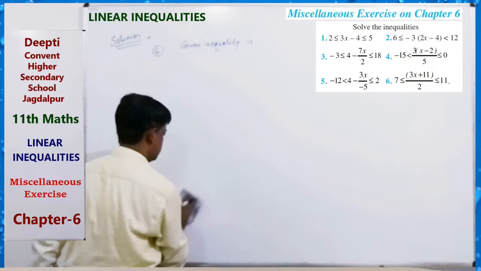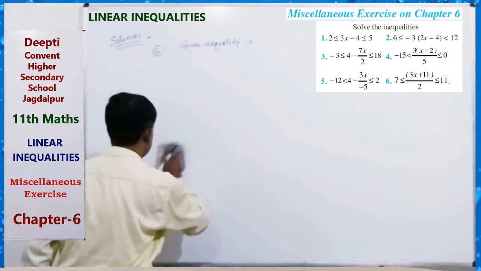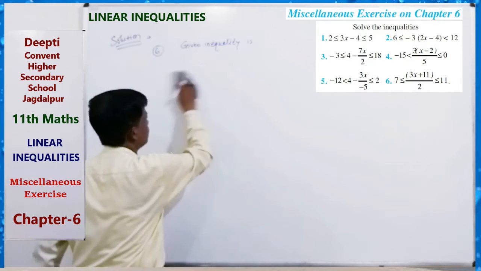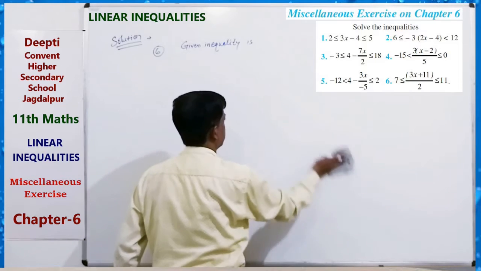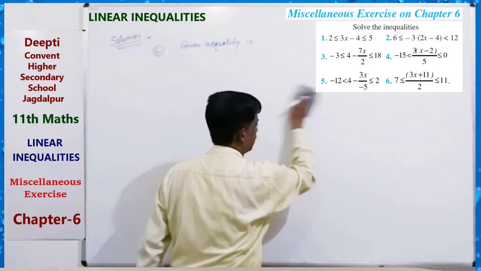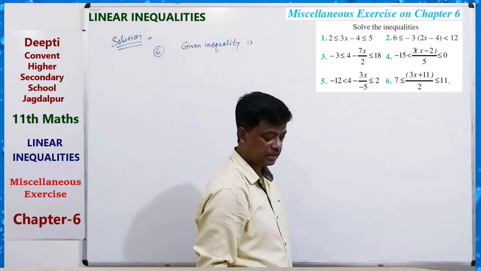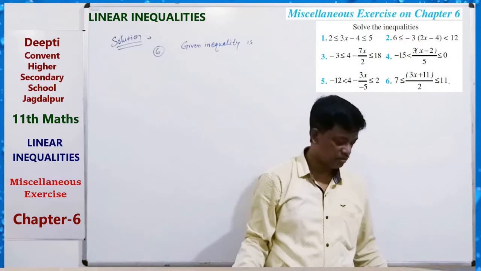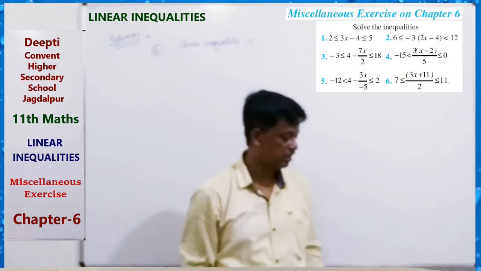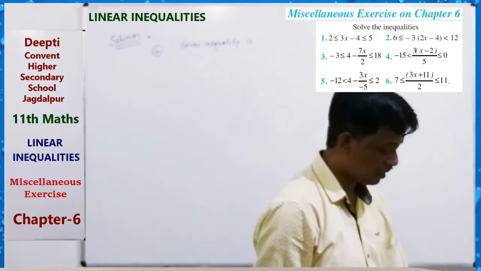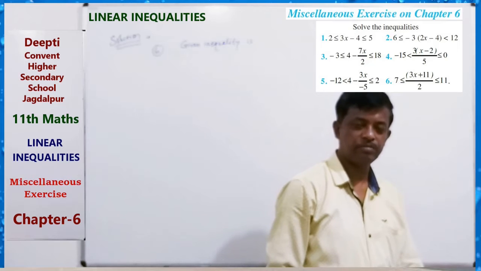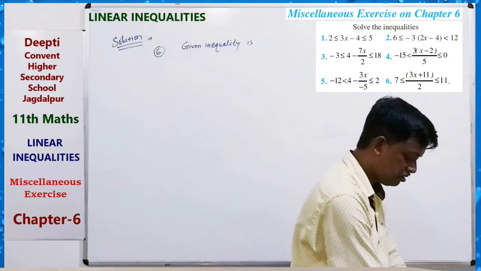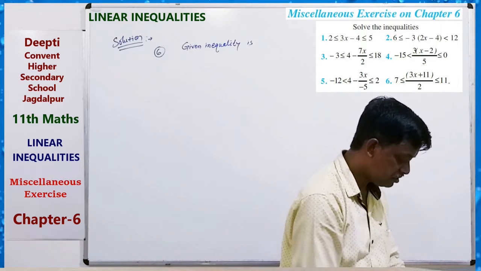Just like the similar method, we have to solve by remembering that a positive number can be added, can be subtracted, or can be multiplied in 3 places of the inequality, the mixing inequality. And if we multiply with a negative number, then the inequality sign will be changed.